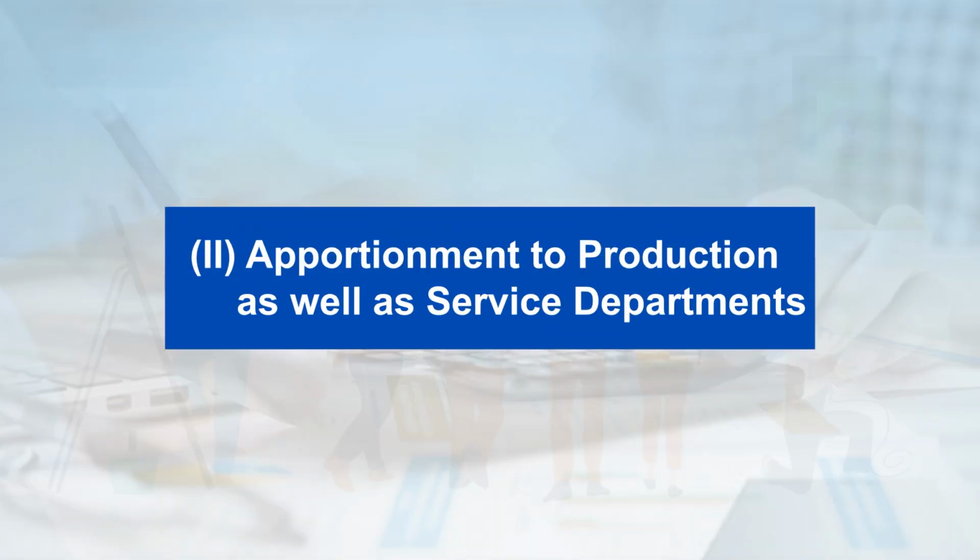Now let's see second method of apportionment, that is apportionment to production as well as service department. Quite often a service department renders service not only to production department but also to other service department.